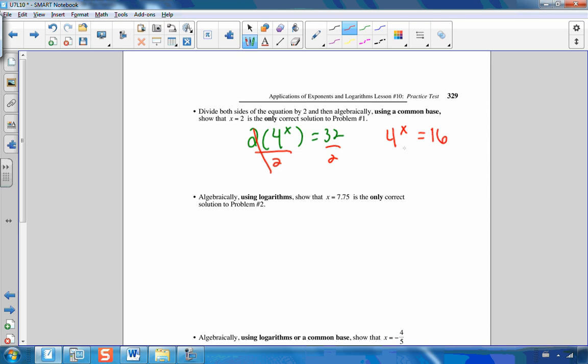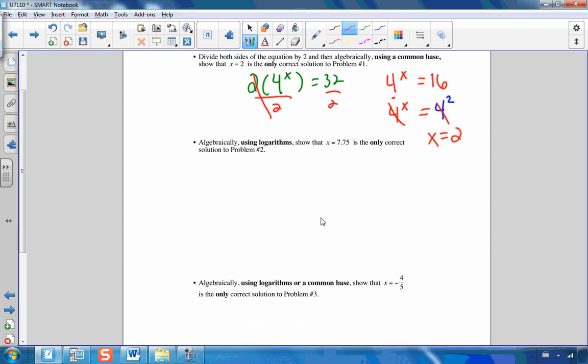There we go. Okay, so they want us to do this with a common base. Go to your smaller number, which is 4, and can you write 16 as a power of 4? Yes, you can. You can write this as 4 squared. So I have 4 to the exponent of x equals 4 squared. I drop my base, and I get x equals 2.